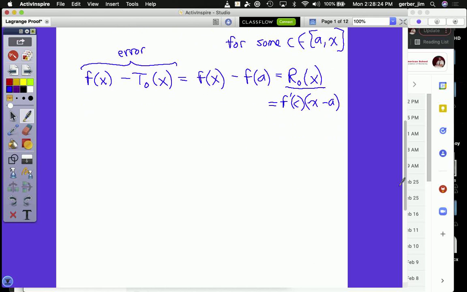Now what we're going to do is we're going to do it a second time. And this time, we're going to use a first order Taylor polynomial.